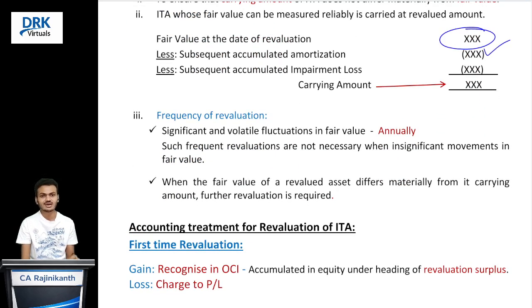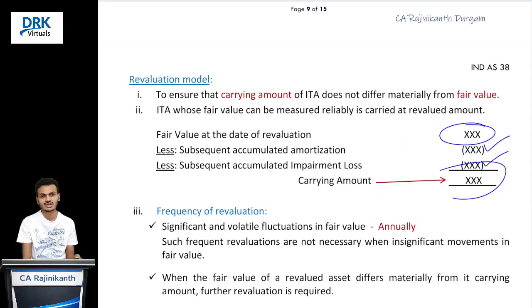From that, reduce the accumulated amortization subsequent to the revaluation date. We should not reduce accumulated amortization prior to the revaluation date. And the same with impairment loss. The resultant amount will become your carrying amount, at which you can carry your intangible asset in your books of accounts, I mean the balance sheet. Just because you are following the revaluation model doesn't mean you should go for revaluation every year.